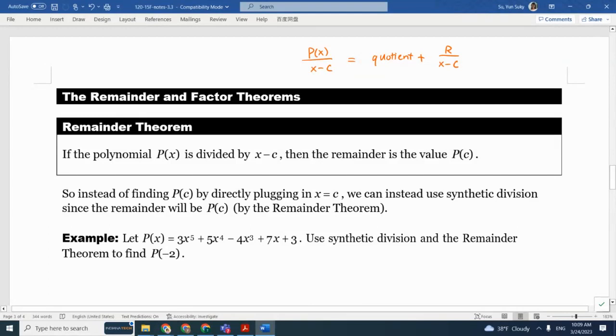Look at this. So this is what we're doing, right? We do the division. We get the quotient plus remainder over the divisor. Now let's multiply both sides by x minus c. Then you get p of x equals my quotient times x minus c plus the remainder.